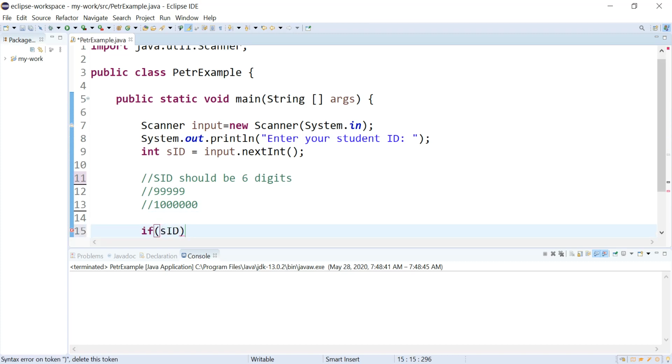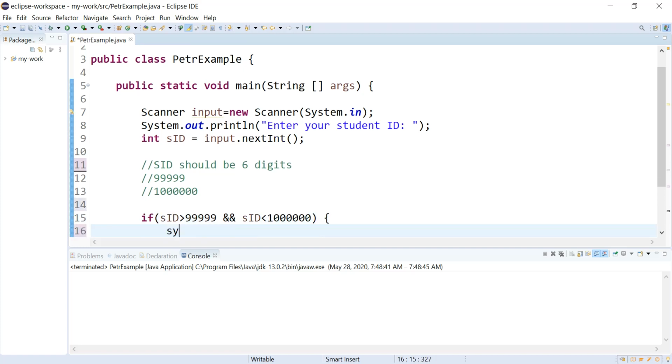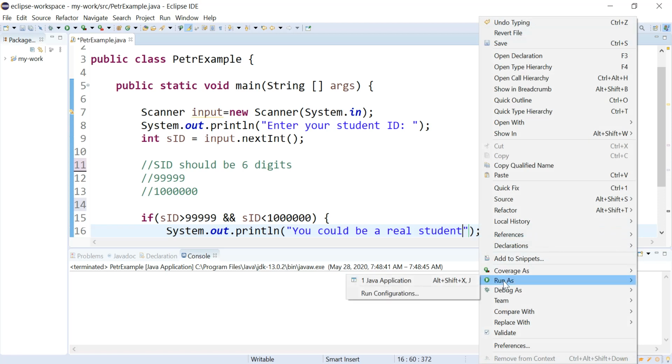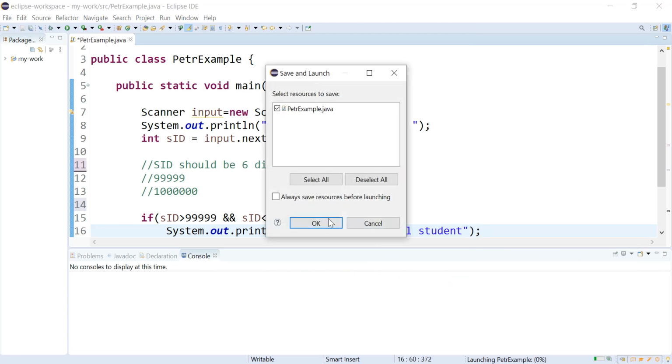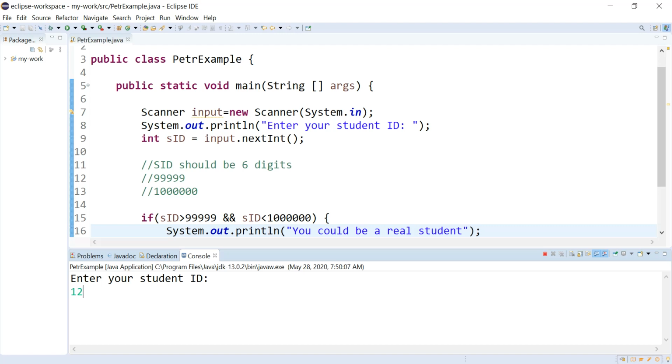So I'm going to say if this guy is bigger than 3, 4, 5, and this guy is less than 1, 2, 3, 4, 5, 6, then you could be a real student. So let's validate and see if this works. Okay, so let's try a real one. 1, 2, 3, 4, 5, 6.